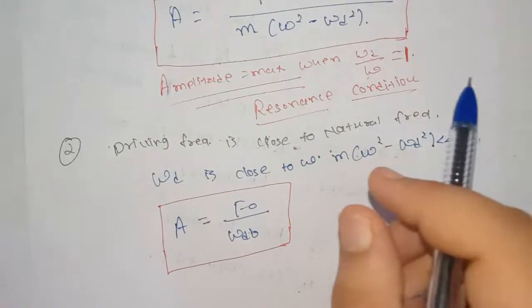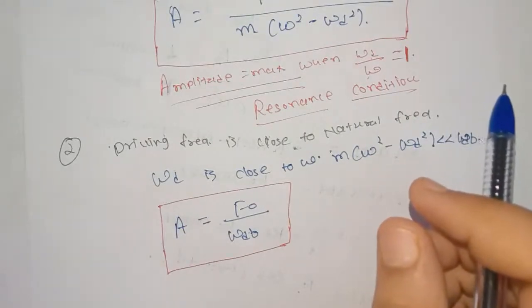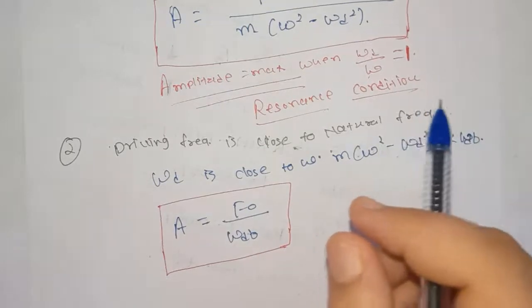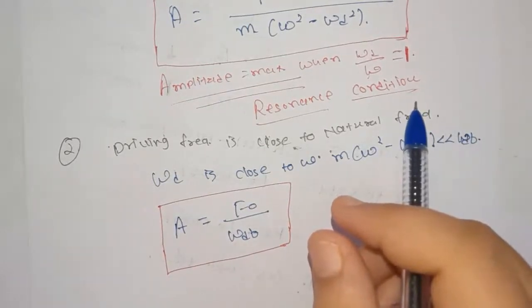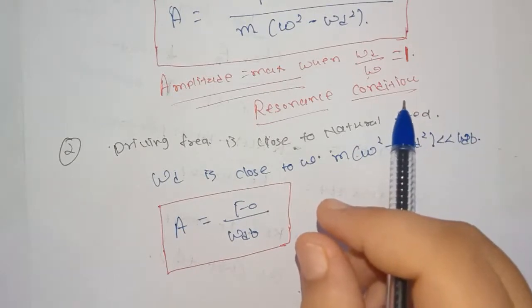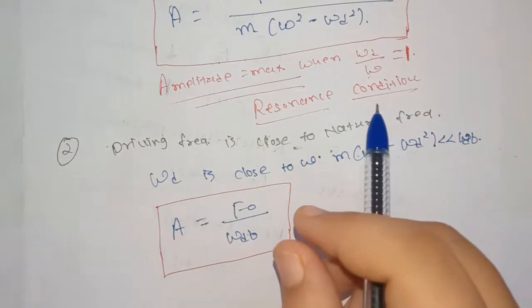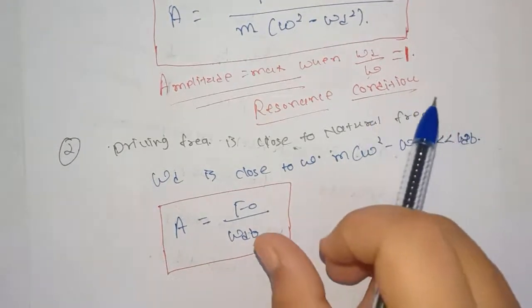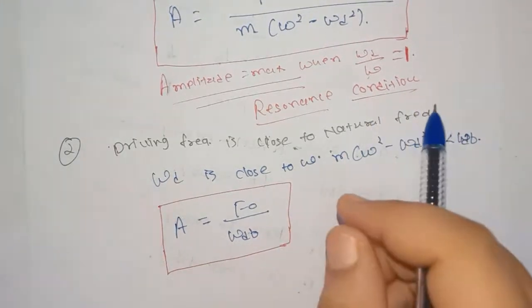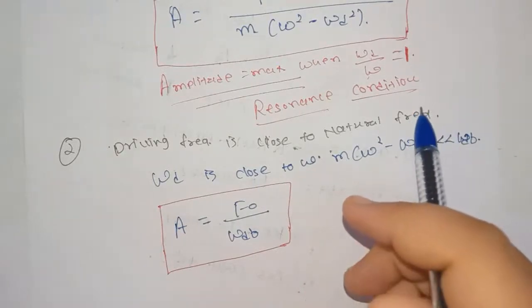The maximum possible amplitude for given frequency is controlled by the driving frequency and the damping, and it is never infinity. The phenomenon of increasing amplitude when the driving force is close to natural frequency of the oscillator is called resonance.